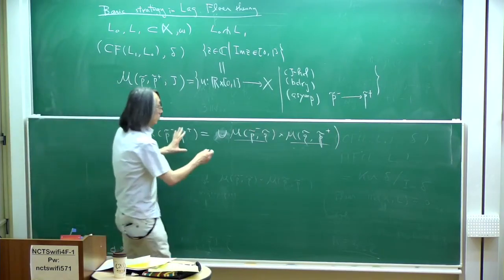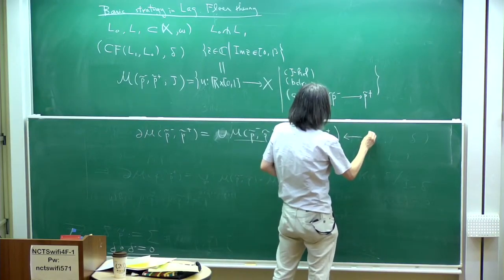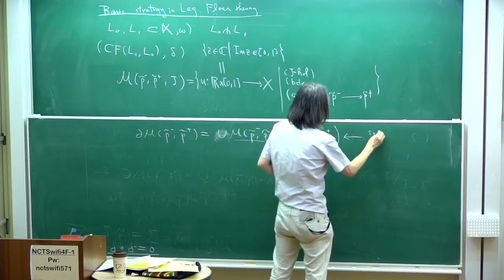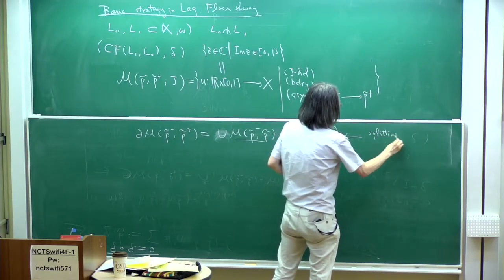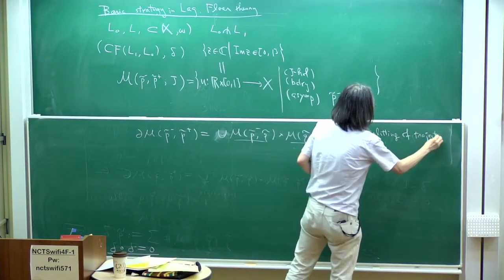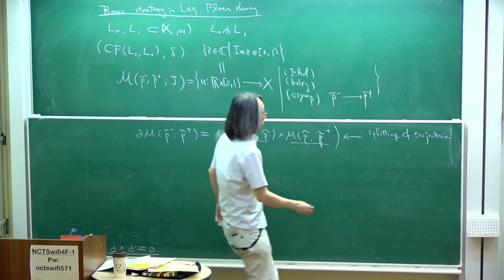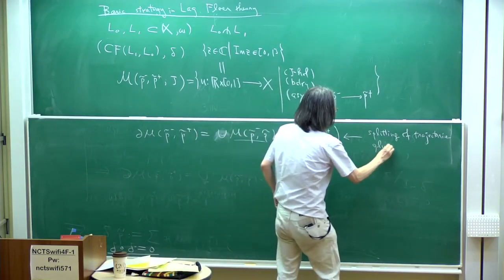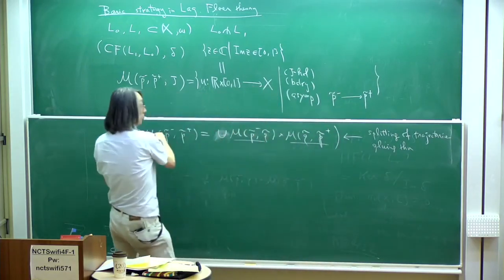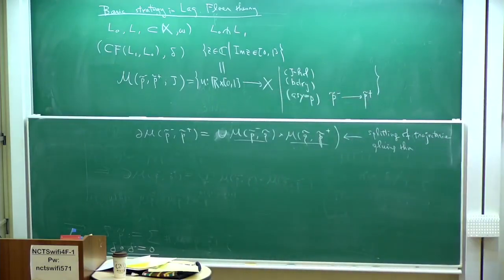In order to show this, we need two things. One is the splitting phenomenon of trajectories from the sequence, and also the gluing theorem, right? From here to here you need gluing, and from here to here you just observe how it splits.